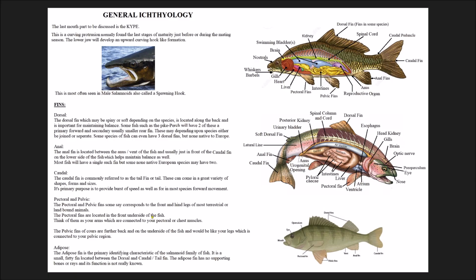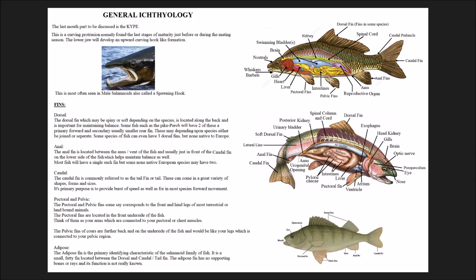Yes and no. Again, whatever the course that you're taking, the information that they give you is what you will use. If you look here, on the carp, the pectoral fin is on the lower underside. For the trout, it's down lower.